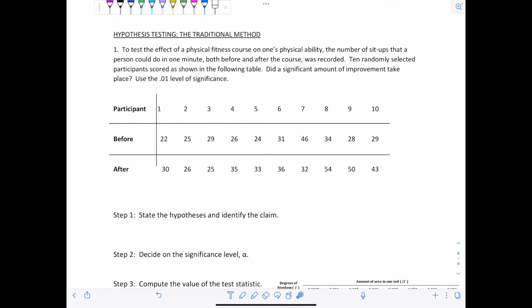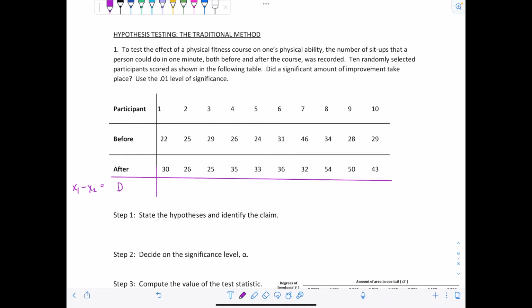Okay, so first we need to compute D, all of the differences between each of the data values here that are paired. And remember our formula is x1 minus x2. So we have to decide which one's x1, which one's x2, and what makes more sense in your brain. So before and after, maybe you would think, let's call before x1.